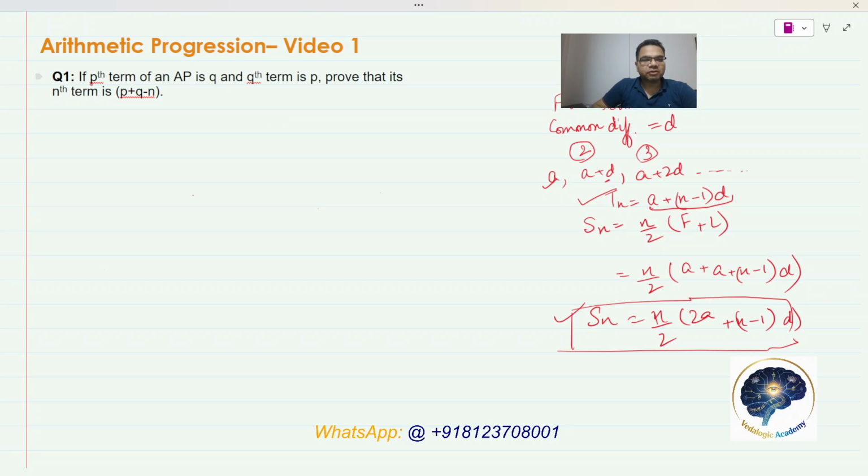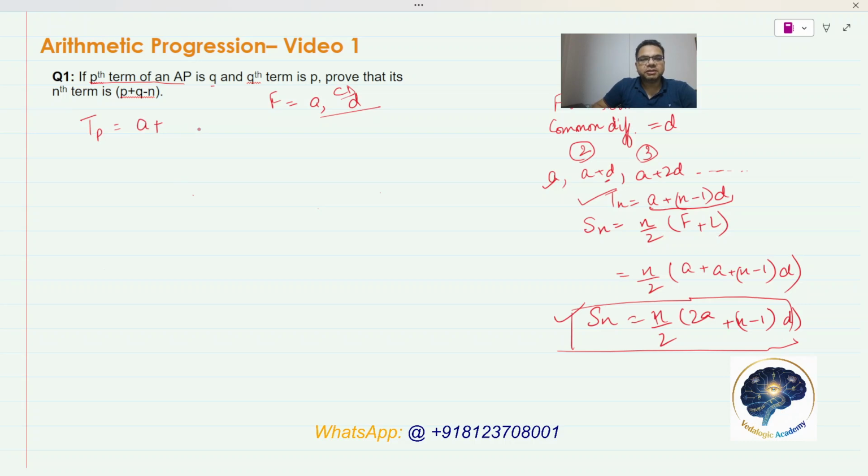So the first question is: if the pth term of an AP is Q, and the qth term is P, prove that the nth term is P plus Q minus n. So let's say the first term is A and the common difference is D. This you have to write, that we are taking this as an assumption. Now we have to find the pth term.